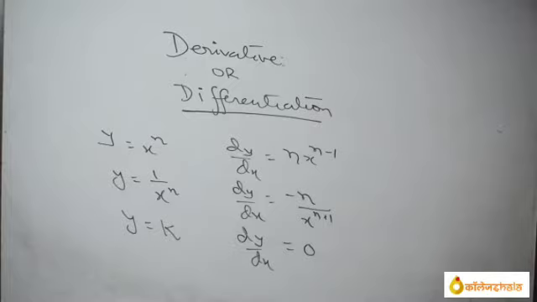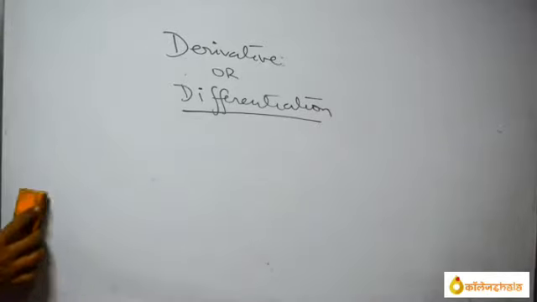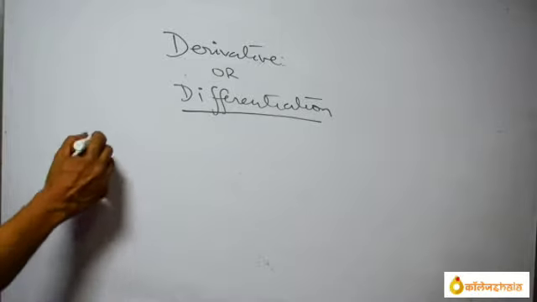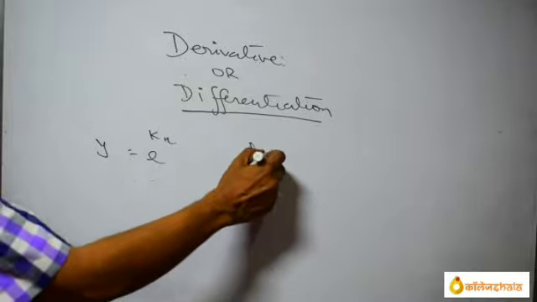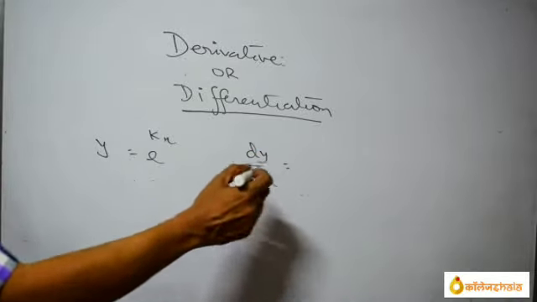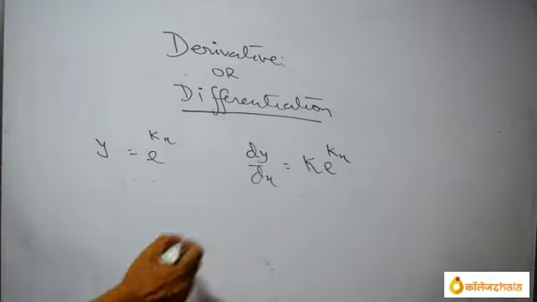Next we have the derivative of the exponential. If y is equal to e to the power kx, where k is a constant, then dy dx is k e to the power kx.